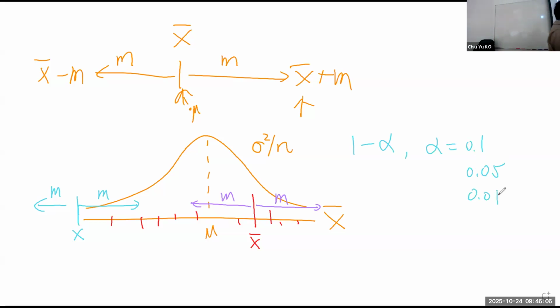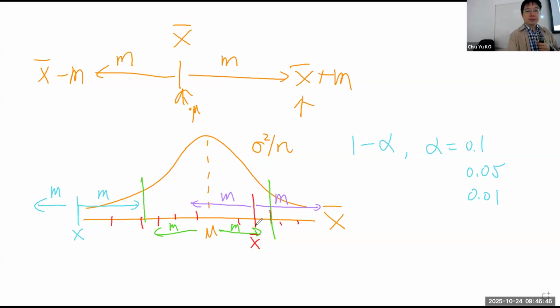So how do you get M? The idea is rather simple. We construct from X bar, going M left and right. We include mu, but this is equivalent to making mu go left and right by M. And as long as your X bar is realized within this range, it would be there, right?